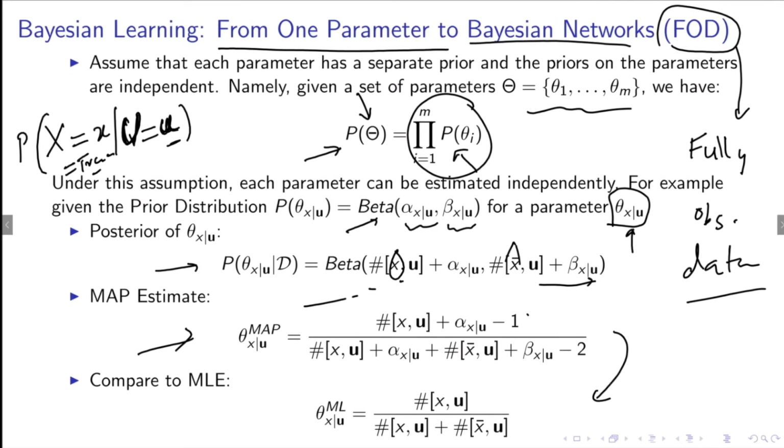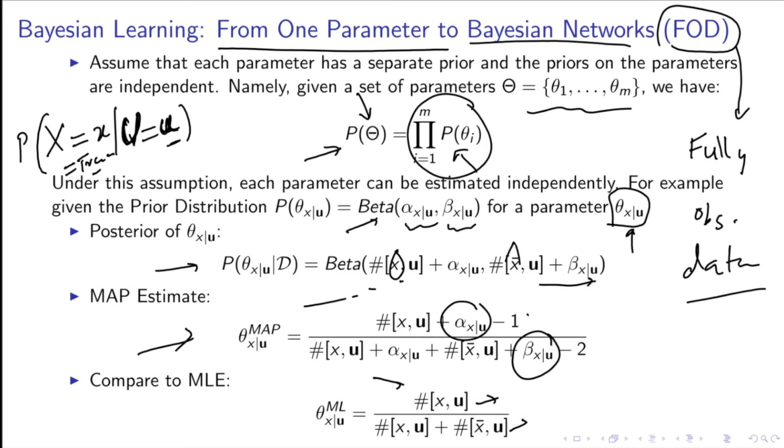The difference is that in the MLE case, we only looked at the counts that are relevant to the parameter. And in the MAP case, we are so-called hallucinating these extra alpha of x given u and beta of x given u, and adding them to these counts. That's the only difference between the MAP estimate and the MLE estimate.